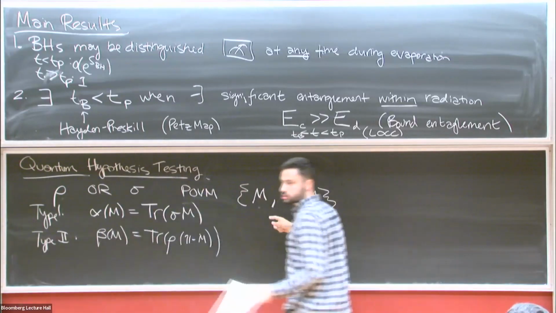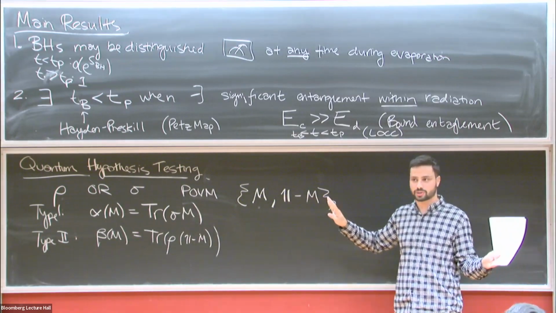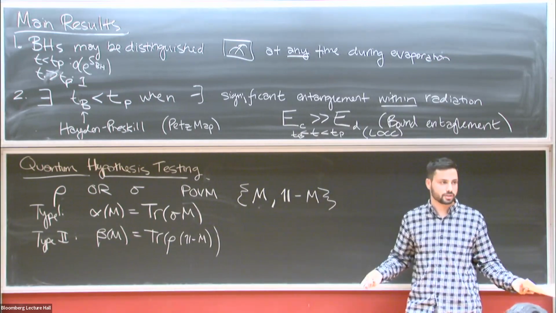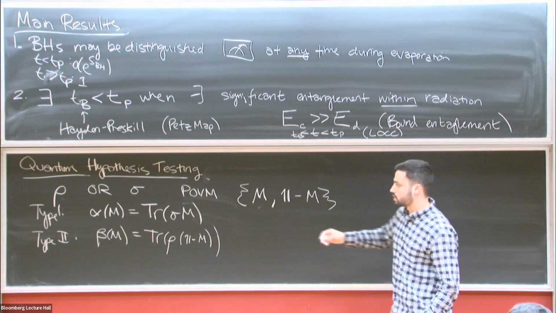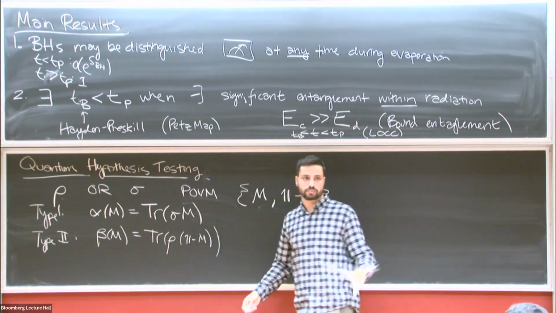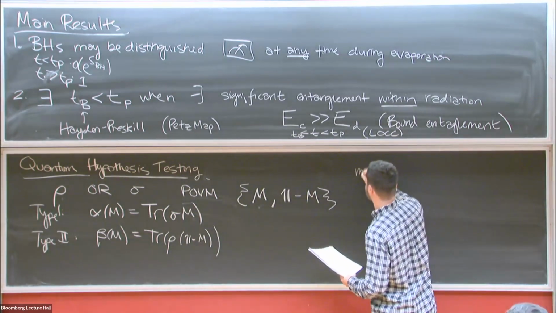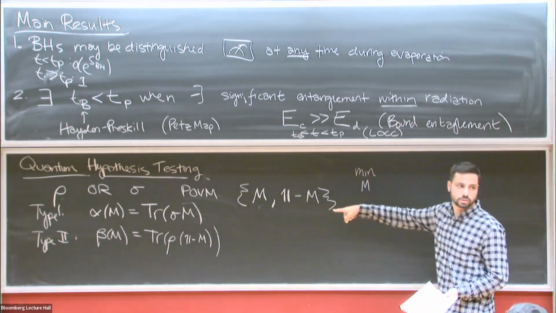So we have the freedom as an experimentalist, if you can do whatever you want in the lab, to choose what the best possible M is. And there are many ways of minimizing these errors. Probably the most natural one, the first one you would think of, is just minimizing the sum of these errors over all possible measurements.